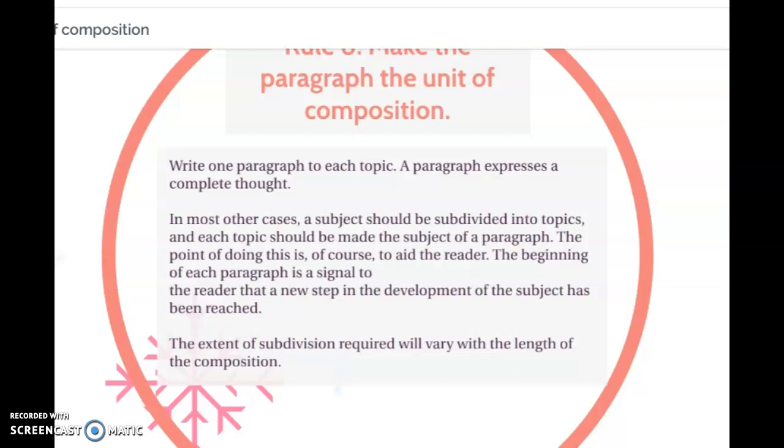Point number 1 is a paragraph, point number 2 is another paragraph, and so on. The reader has a much easier time discovering your ideas structured in this way. That's why you have to make and polish each one of your paragraphs carefully. The extent of this subdivision will vary with the length of your composition.